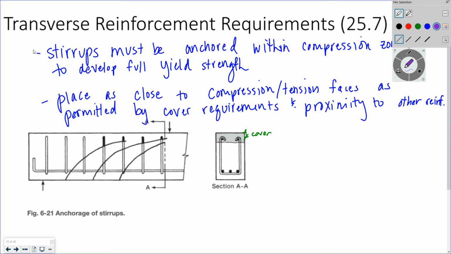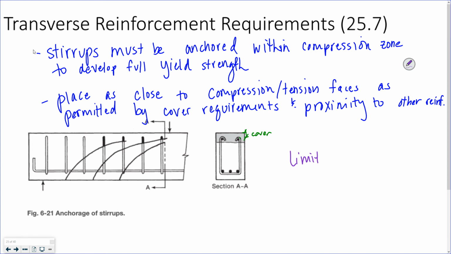This is the limit state: failure of shear anchoring.